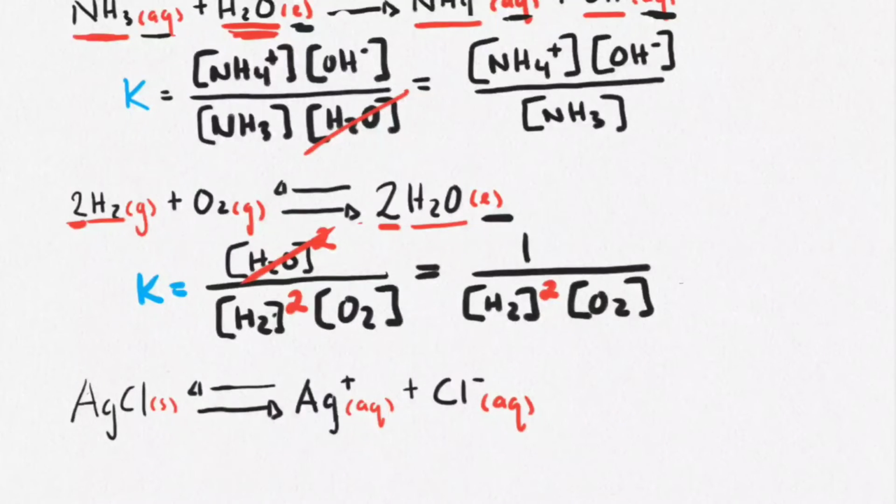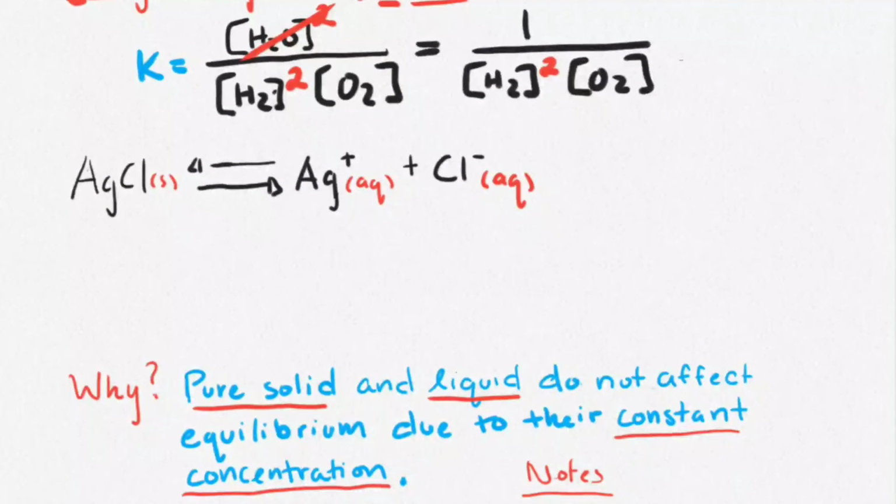Here's our last reaction. I'm going to write out my K divided by, He plus, coefficient 1, times the concentration of Cl minus.